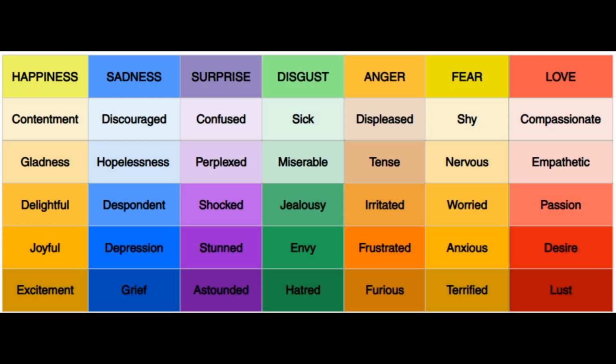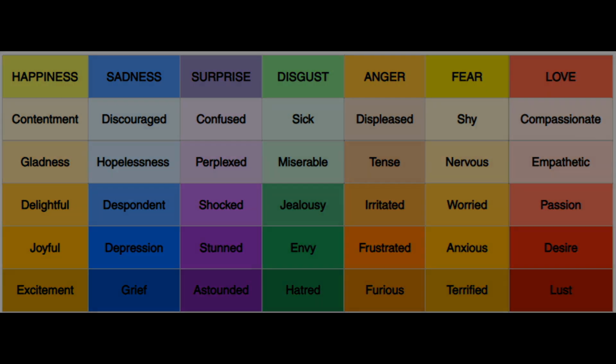For example, for happiness, you can get contentment, gladness, delightful, joyful, and excited or excitement. The table displays the least intense in the lighter shades of color for each of the basic emotions, and the most intense emotions in the darker or darkest shades at the bottom of the chart.